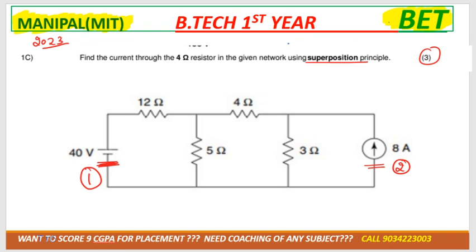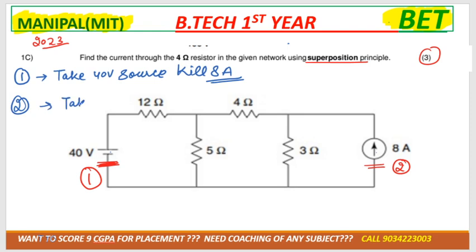So suppose this is the numerical, if we have two sources available, then this will be solved in two different steps. Step number 1, we have to take 40 volt source and kill 8 ampere source. Got it? In step number 2, take 8 ampere source and kill 40 volt source.